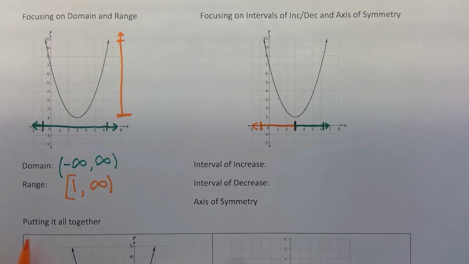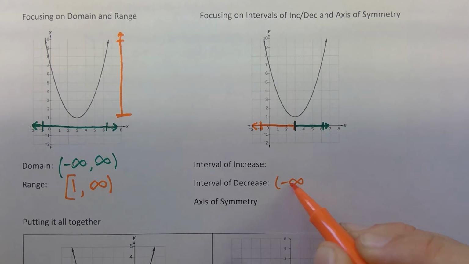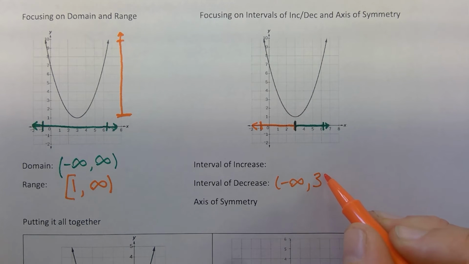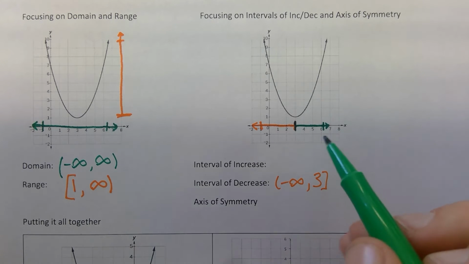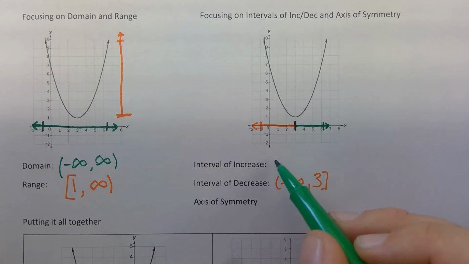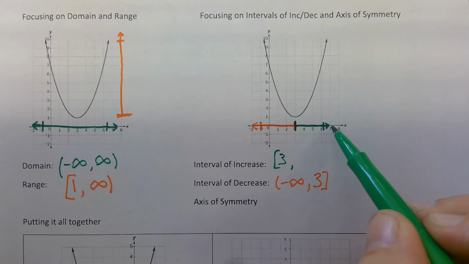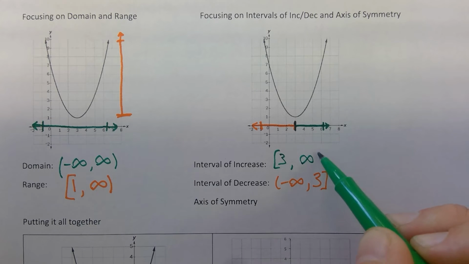For my orange, the interval of decrease, that arrow is going to the left, so that's negative infinity. On the right, it stops at 3. For my green part, the interval of increase, it starts increasing at 3, and I have an arrow going to the right, so that's going to be positive infinity.